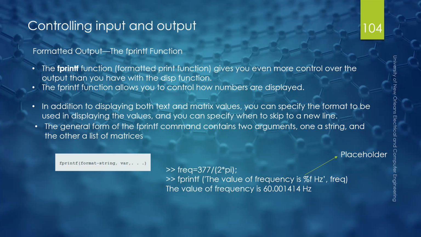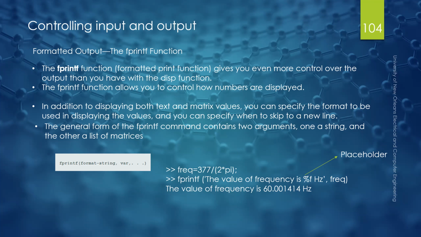For example, we define the variable freq, F-R-E-Q, equal to 377 over 2 times pi. Okay, that's the variable definition.